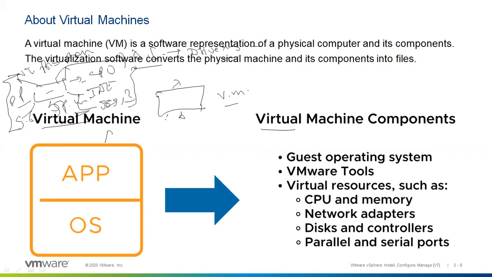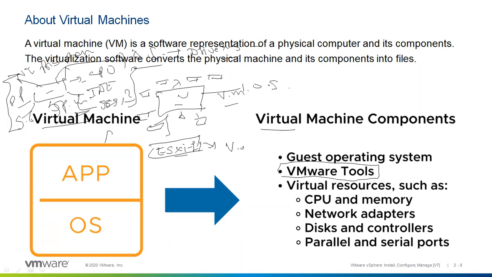The same strategy applies here. You will create a VM on top of a physical server where you have installed ESXi. Once the VM is ready, you will put an operating system on it. Now you will ask, sir, where will I bring the drivers from for my keyboard, mouse, IDE, SCSI, network controller, pointer device, and all that? Those are available as a set of virtual drivers within your ESXi host, which we call VMware Tools.